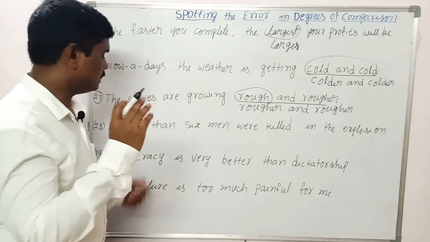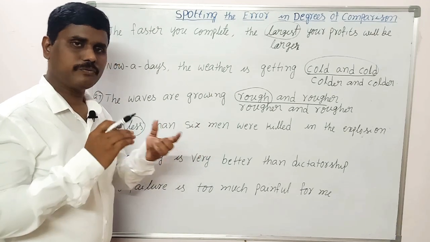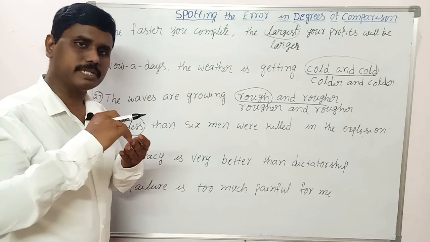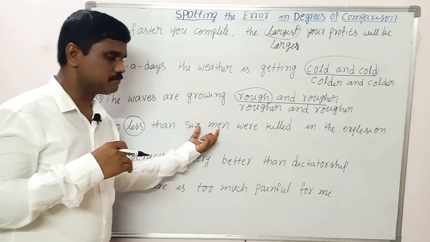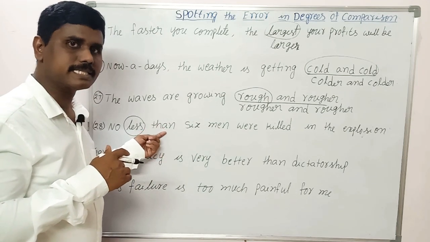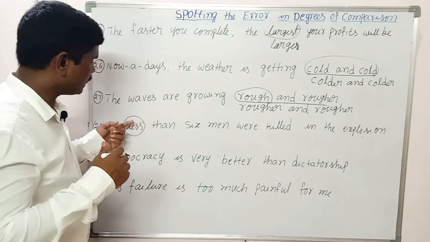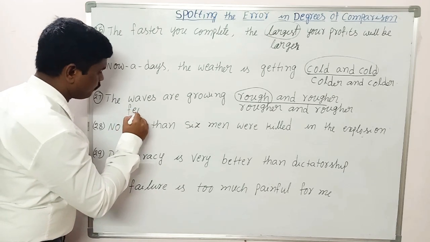We use this combination for uncountable nouns. Few, fewer, fewest we use for countable nouns. Here men, 6 men, countable. Here 'than' indicates comparative degree. Before 'than' we use adjective 2. So the correct answer is fewer.